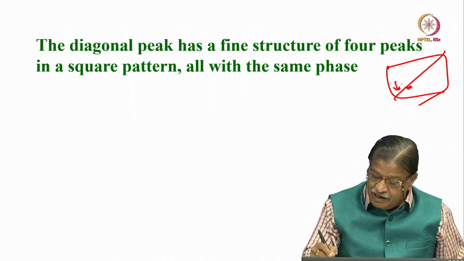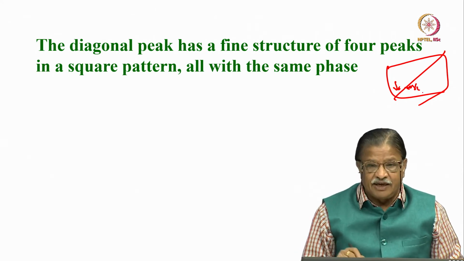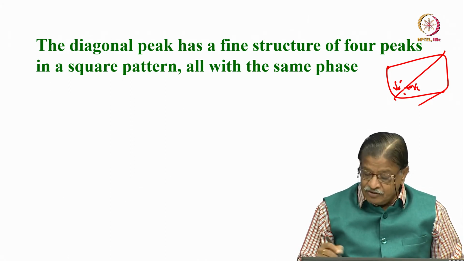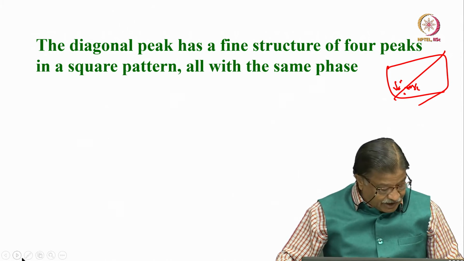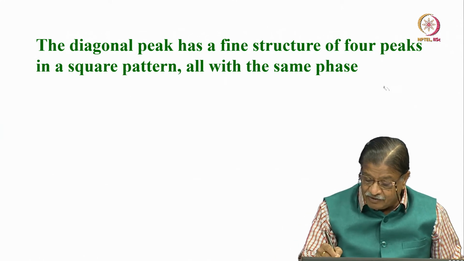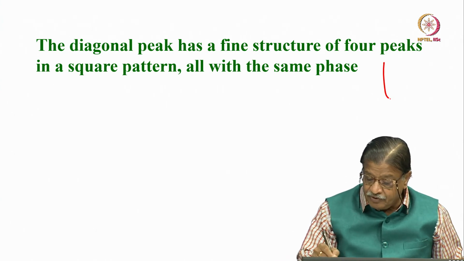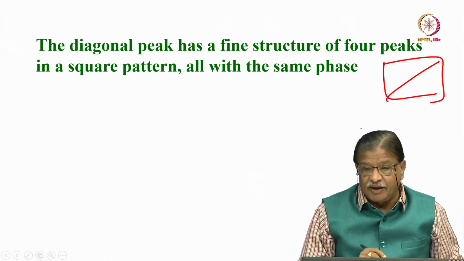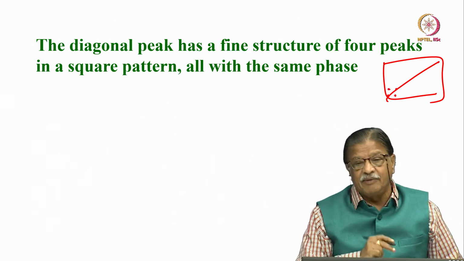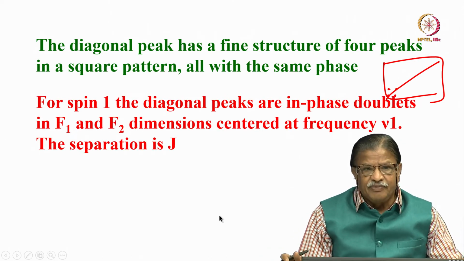This is nu A minus half J, here is nu A plus half J. Similarly, you have a peak here and here. So, in reality, it comes like a square. Maybe I have the drawing, I will show you. Okay. So, we will see that for this one now.